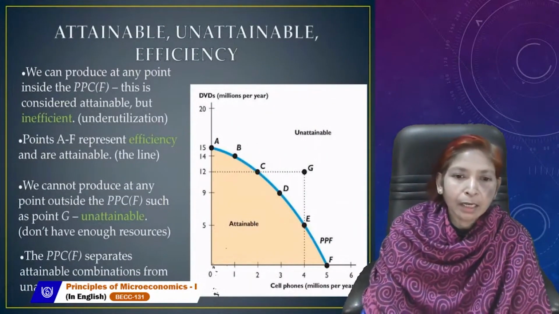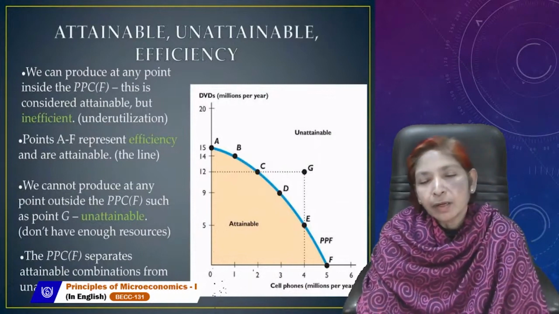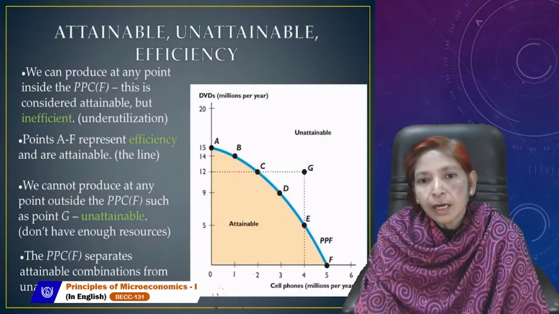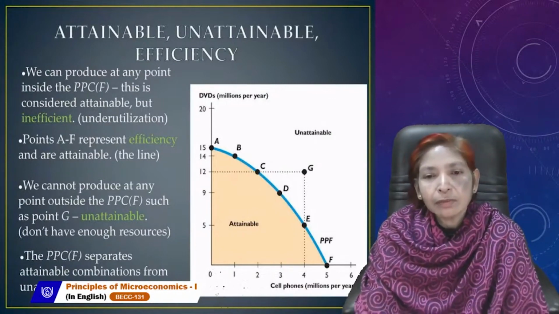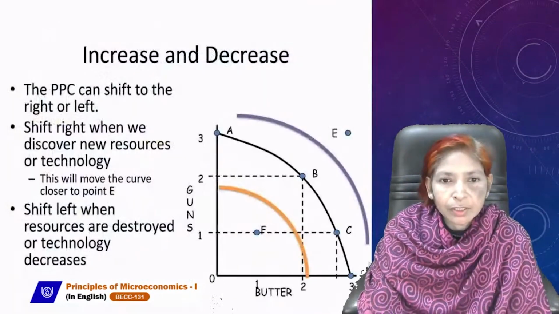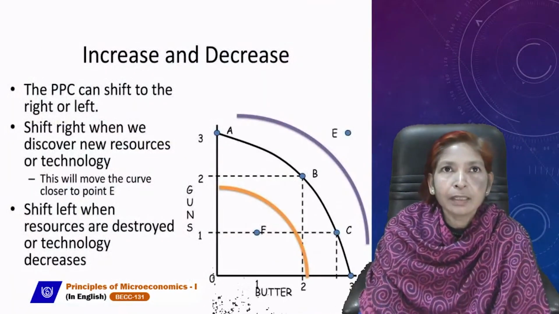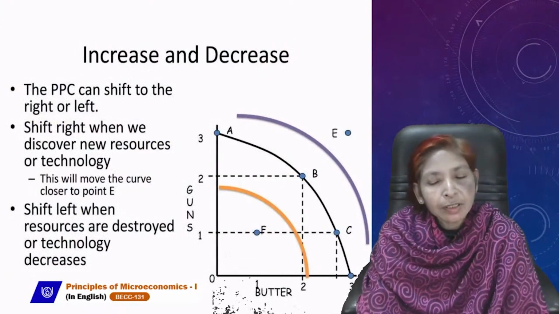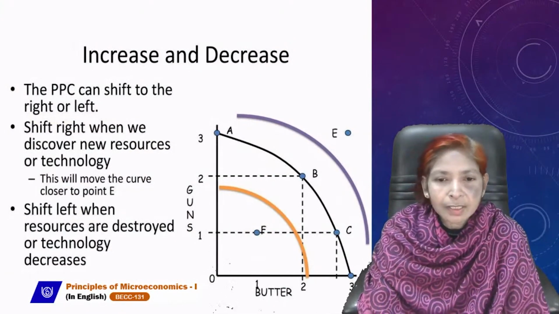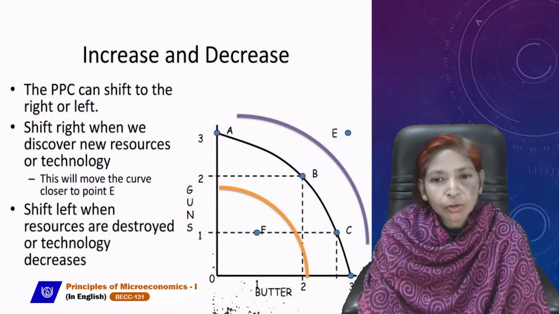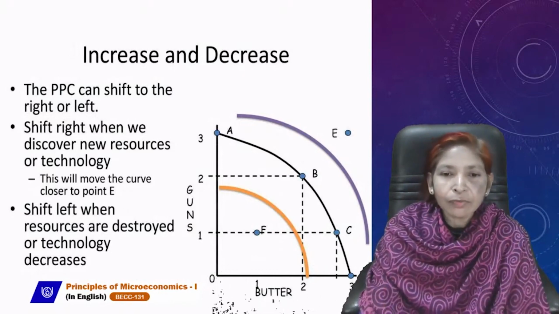A point inside the curve is called attainable, and a point above the curve is called unattainable. The last point is increase and decrease: PPC can be shifted either to the right or to the left. It depends upon the growth of resources or underutilization of resources.